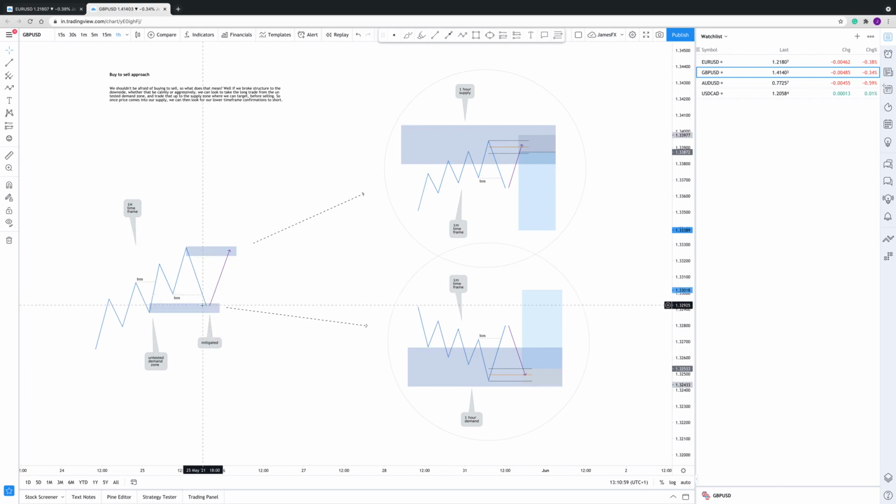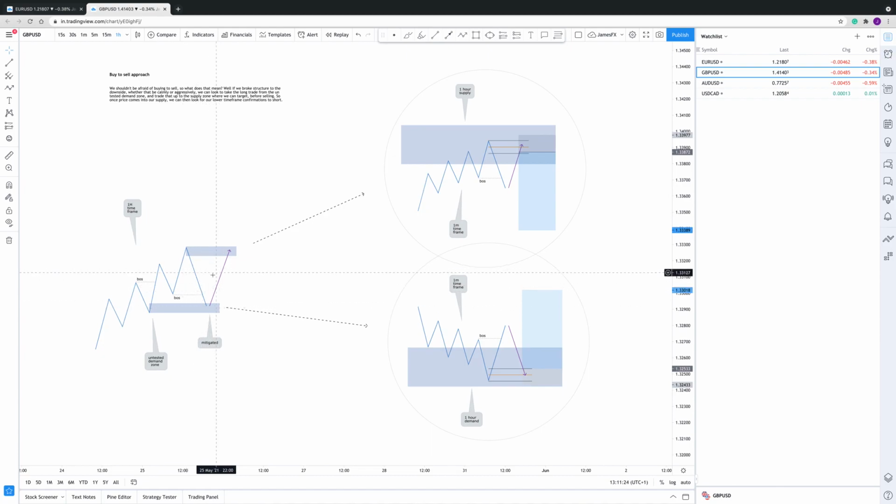Liquidity is being taken, so people are getting stopped out to then see price come into a supply zone. So it clears the way for liquidity, and price can tap into a supply zone, and then we can short from here.